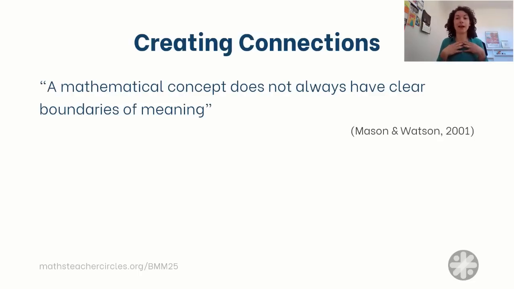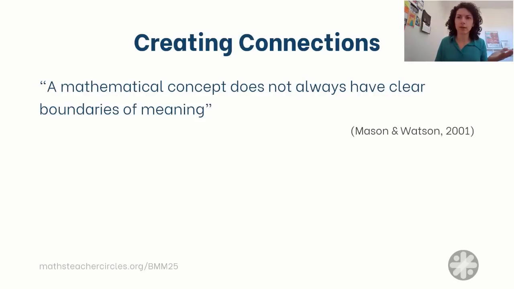And for us teachers with expert knowledge, we understand the textbook definition because we've learned what's going on. We understand that concept. But for a student, there can often be grey areas, things that aren't obvious to them when they're first encountering a concept.